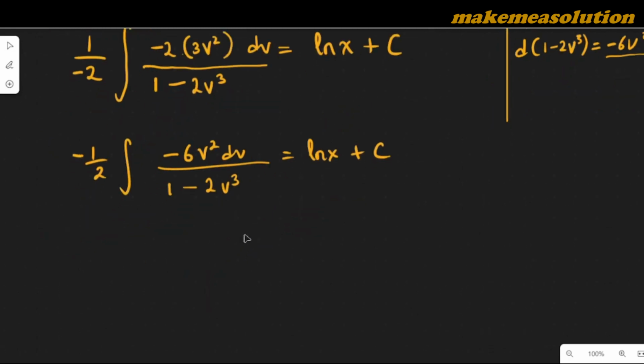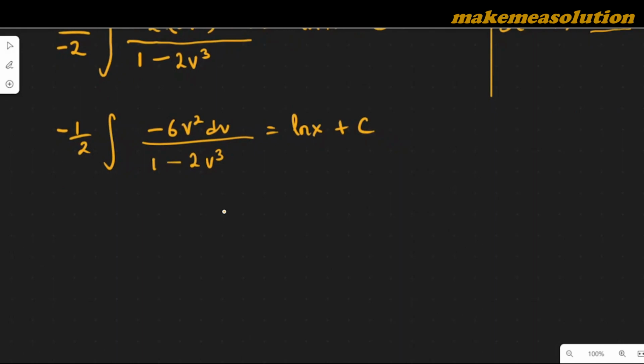Now the numerator in the left hand side will now become, remember that we established, right? Remember what we established? We established that d of 1 minus 2v cubed is minus 6v squared dv. So I can replace minus 6v squared dv with d of 1 minus 2v cubed.